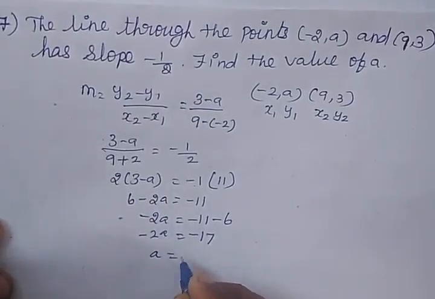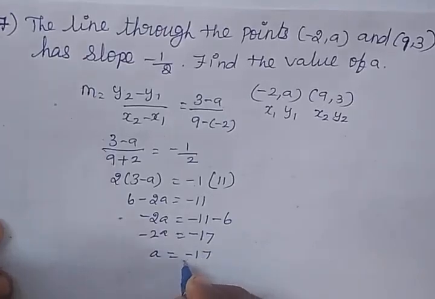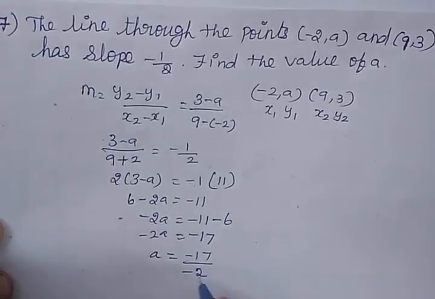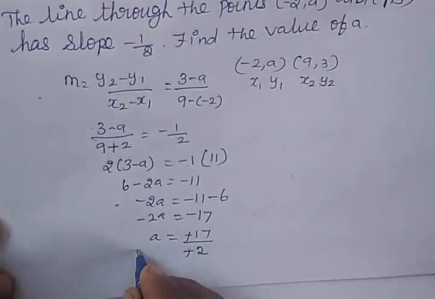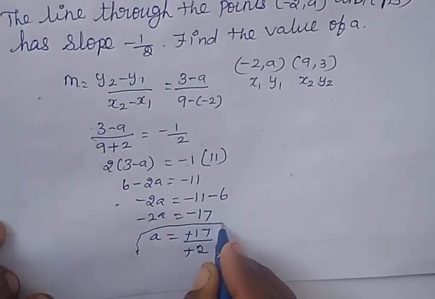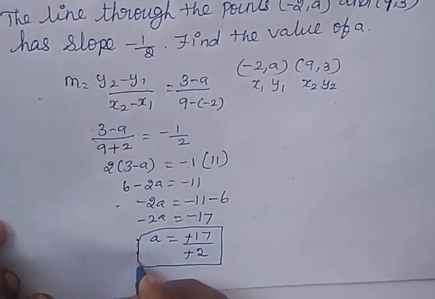So a is equal to -17 / -2. The minuses cancel, so a is equal to 17/2.